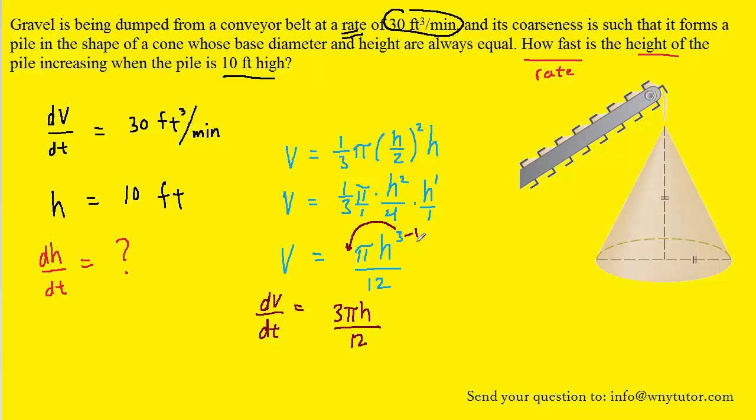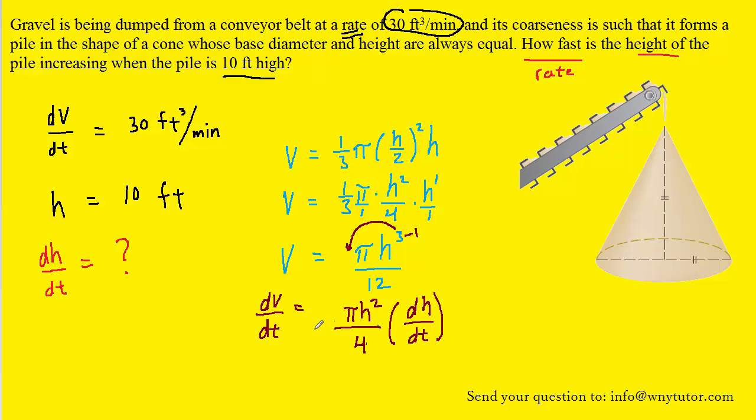We have to subtract 1 from the exponent, so it becomes h squared. But because this is a related rates problem, we also have to multiply by dh/dt. Now we can reduce this fraction. We basically have 3 over 12. If we divide the top by 3 and the bottom by 3, that 3 will cancel, and this will become a 4. And now really, at this point, it's just a matter of plugging in known values.